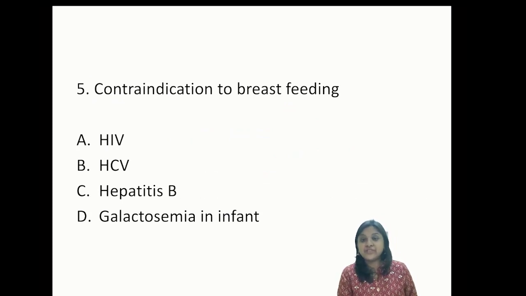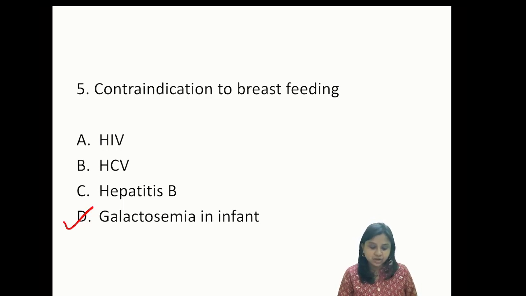Coming to the next question, and very important, contraindication to breastfeeding. Remember, nowadays the only absolute contraindication of breastfeeding is number one is galactosemia in infant or lactose intolerance, right? Galactosemia in infant, and if the mother is on chemoradiotherapeutic agents. Otherwise, all conditions are relative contraindications.